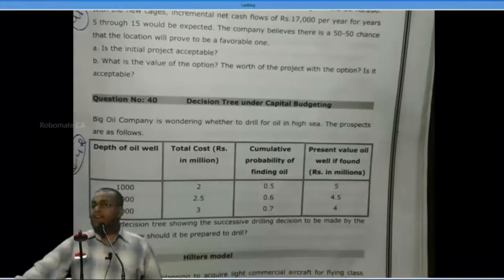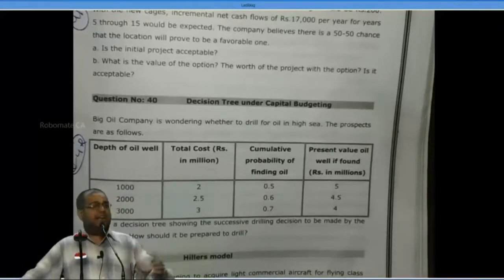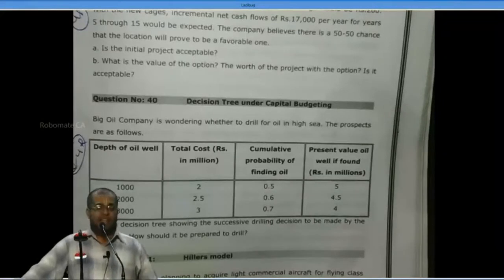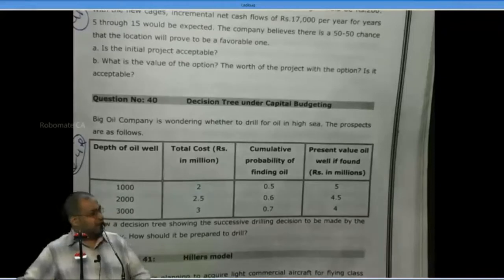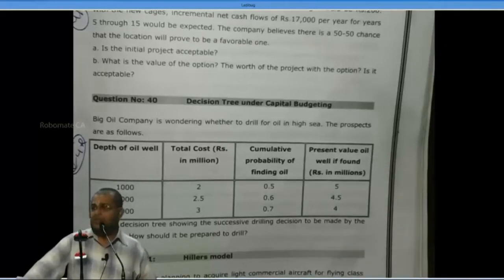Expected NPV is the average NPV or the mean NPV. So there can be a standard deviation around the expected NPV. How the standard deviation should be calculated is the main discussion in the Hiller's model, where Hiller classifies the project into two types: project whose cash flows are dependent over time and project whose cash flows are independent over time.